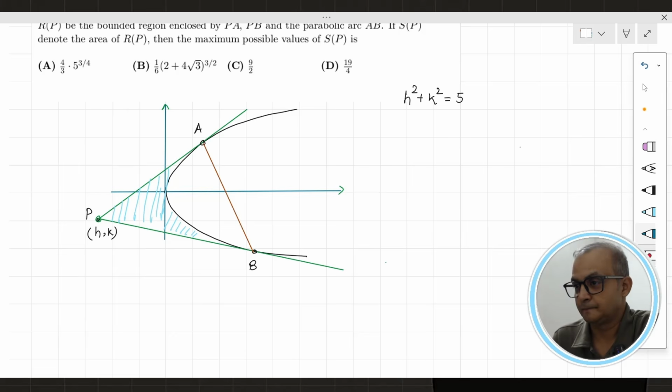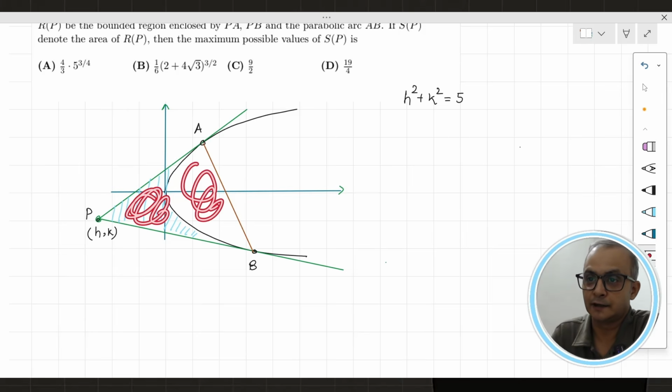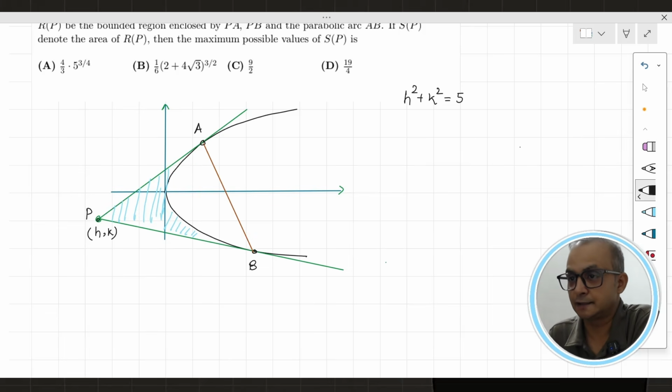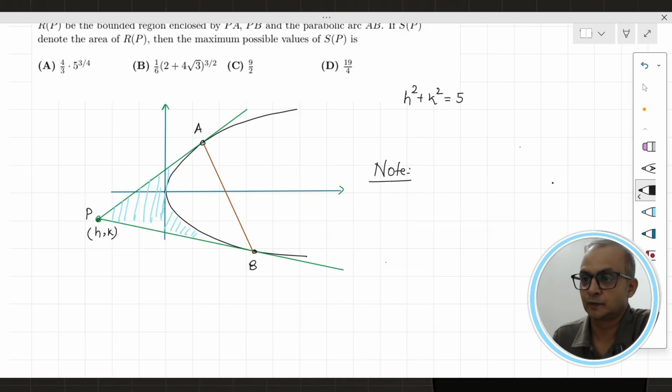I mean to say that we have this part area, this part, and the whole triangle area. This is a very important note, and it will be beneficial for students who are entering class 12th, or preparing for examinations and are still learning the parabola and all these things.